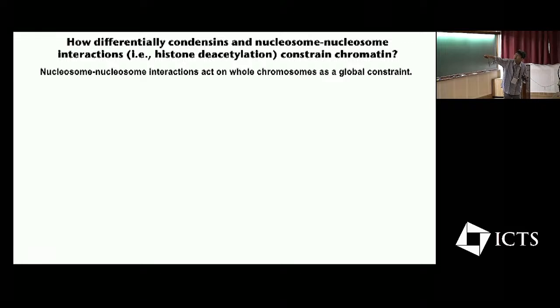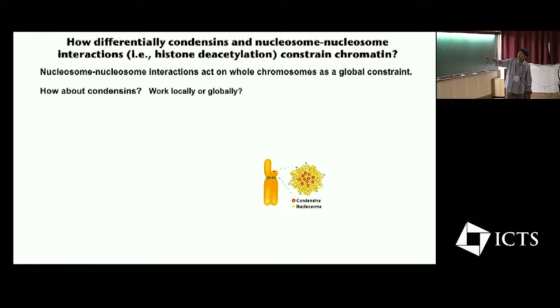Nucleosome-nucleosome interaction acts on the whole chromosome as a global constraint, but how about condensins? Do they work locally, because condensins locate around the chromosome axis, or globally?